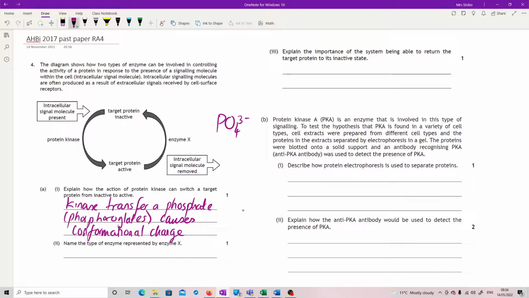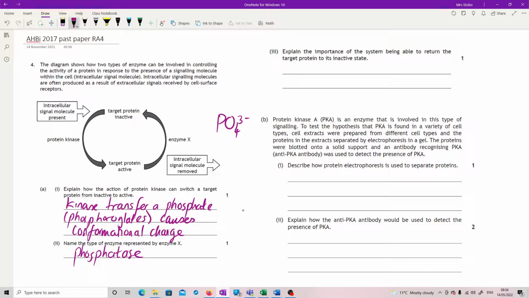Okay, name the type of enzyme represented by enzyme X. So we've now got it going back the way. Again, straight recall: kinase adds phosphates, phosphatase removes. That's it. Explain the importance of the system being able to return the target protein to its inactive state.